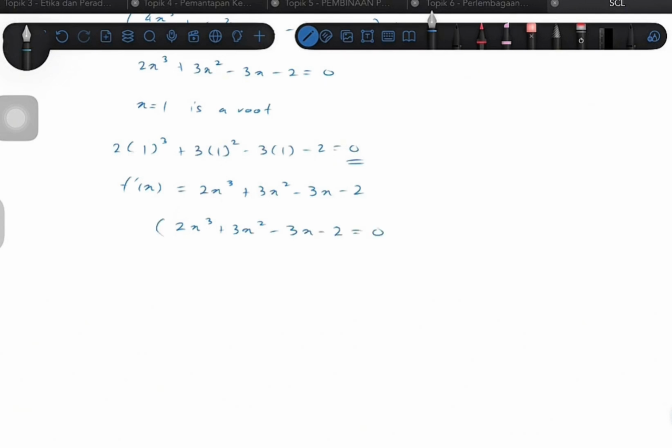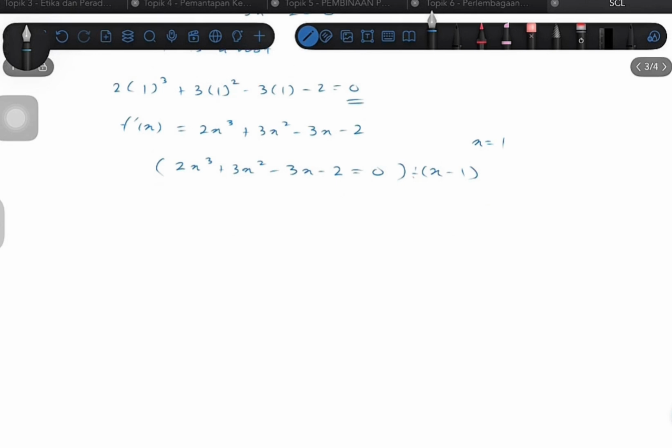We need to divide by x minus 1, because x equals 1 is a root of this equation, as we proved before. So we get 2x squared plus 5x plus 2 equals 0.